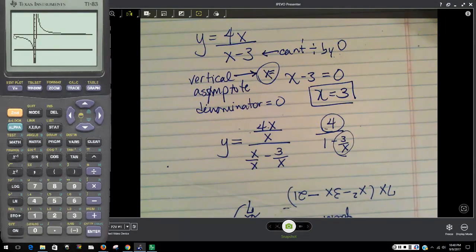What I want to see is where the equation is flattening out, and we can even go a little bit further negative. So there's your rational expression, and then there's your horizontal asymptote. And your horizontal asymptote, remember, is y equals 4. So you can always verify those things on a graph.